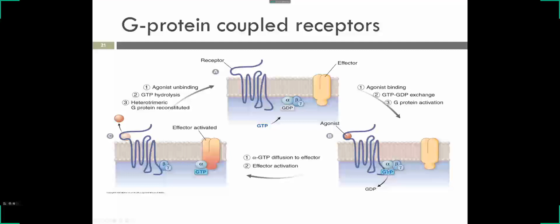This alpha GTP separates from the receptor and from beta gamma and can then go activate an effector. And beta gamma is understood to now go on and also interact with other effector channels. Once the ligand then releases from the receptor, this complex can come back together. GTP gets hydrolyzed, and you now have the whole system reset, ready for another cycle.